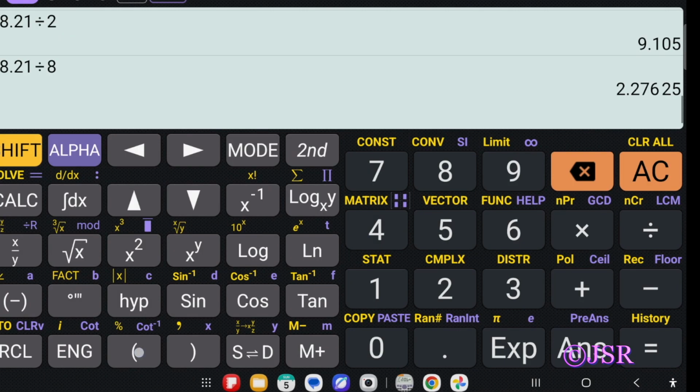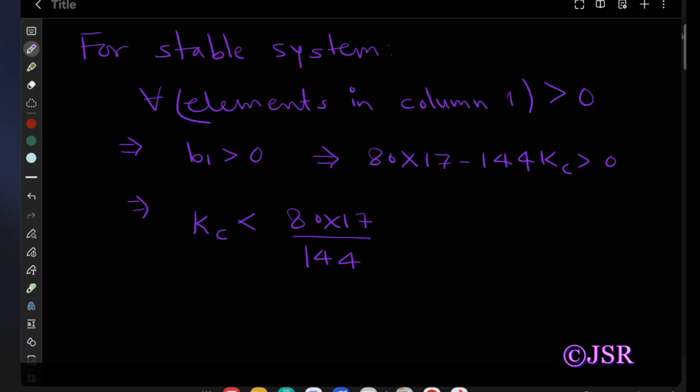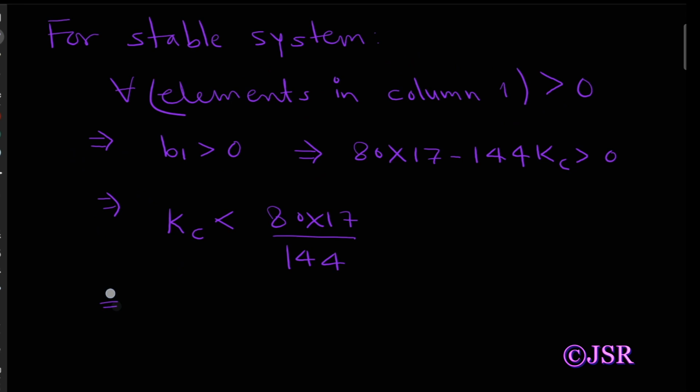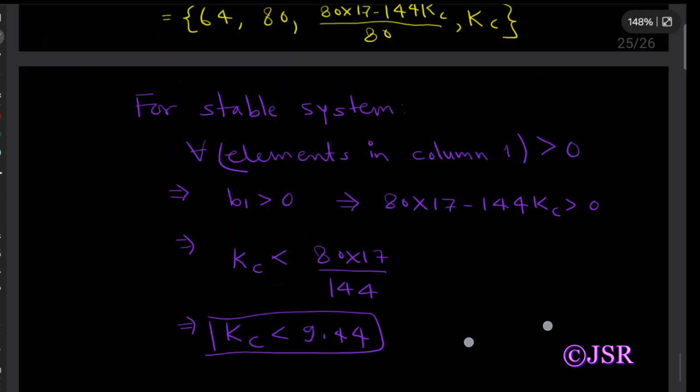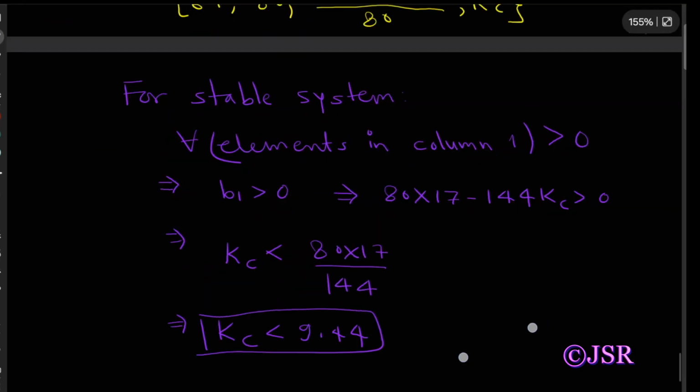So if you see here, 80 into 17 divided by 144, this should be 9.44. So Kc should be less than 9.44. So for the stability, the system gain should be less than 9.44.